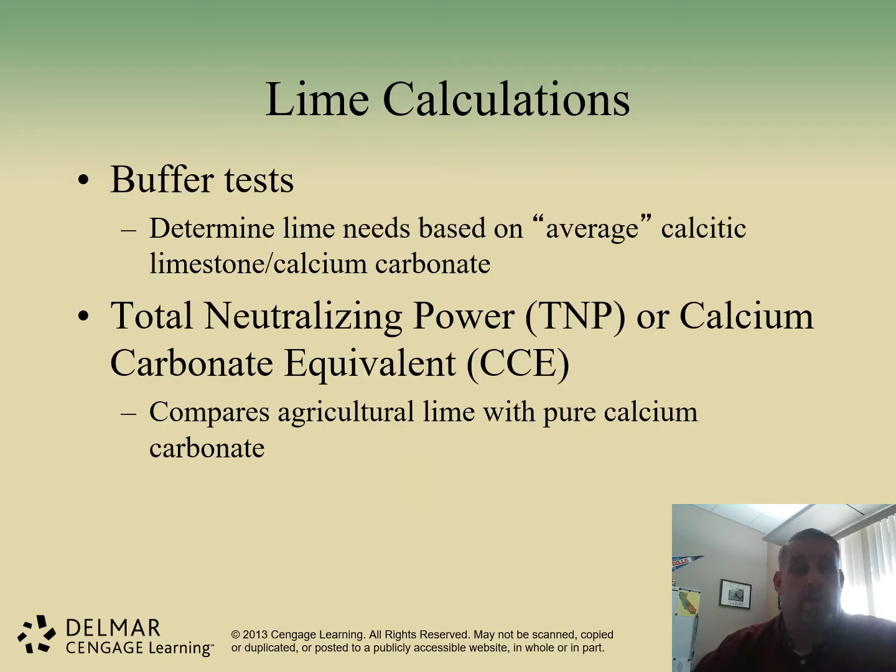Here are your lime calculations. Again, I don't want to get too deep into this, but understand it. It's important. This total neutralizing power, or the calcium carbonate equivalent, these are 2 different equations used to determine how much of this lime you need to have a healthy soil.